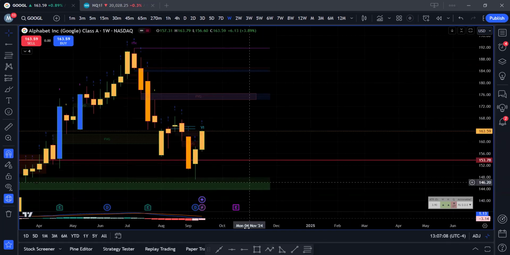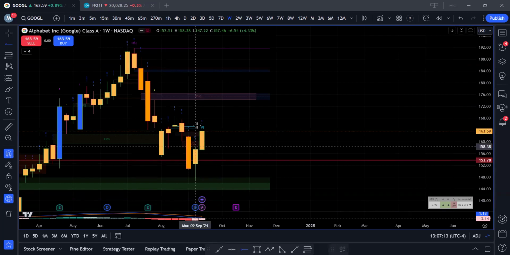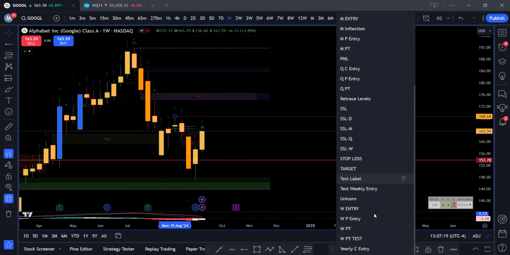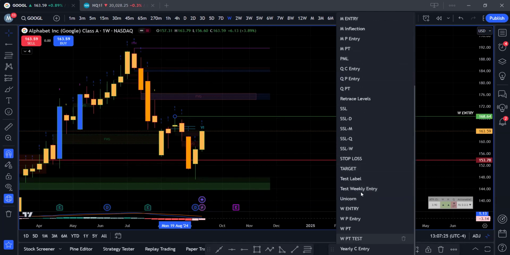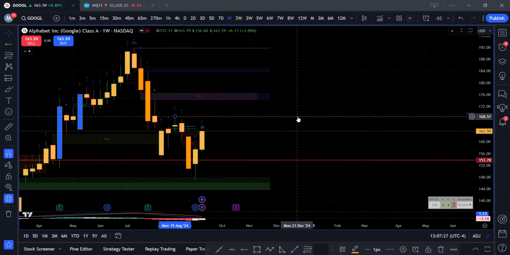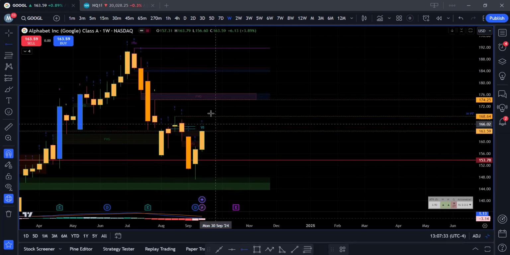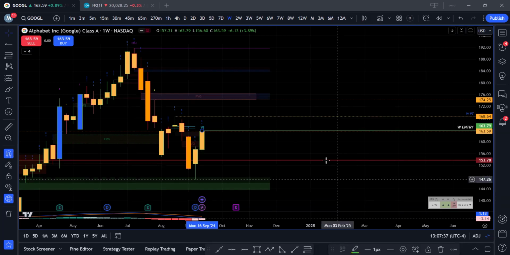And from the weekly, this is where I would be targeting, which is why I chose that 170. I'm sorry, not weekly entry, that's actually weekly price target. So 168, and then the next one on the weekly is going to be 174.25. Obviously, your weekly entry would be here.